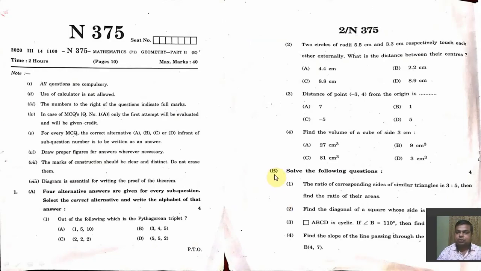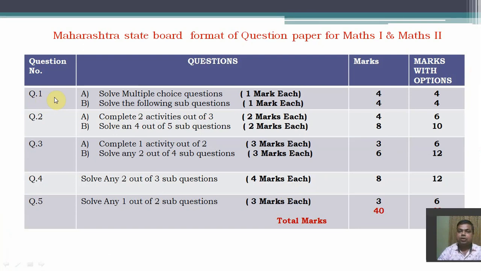Here 4 questions are asked, no extra question is given, it means you have to attempt all 4 questions and each question carries 1 mark. So here question number 1 carries 8 marks in your paper. 4 for question number 1A, 4 for question number 1B.